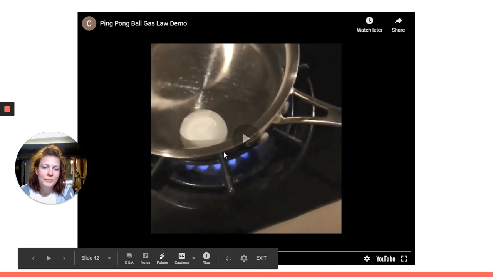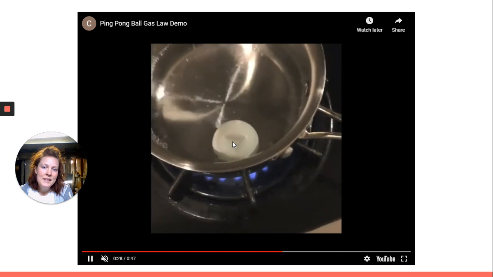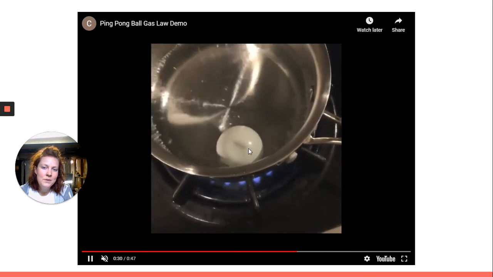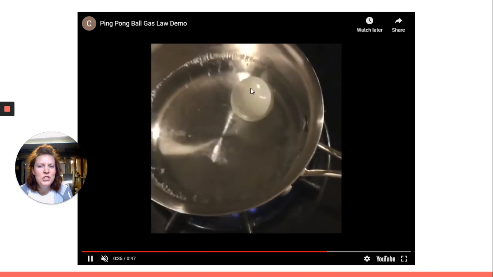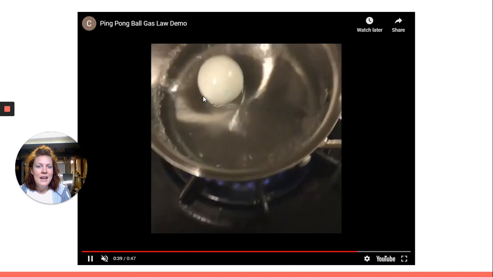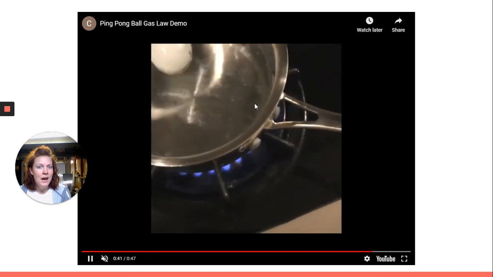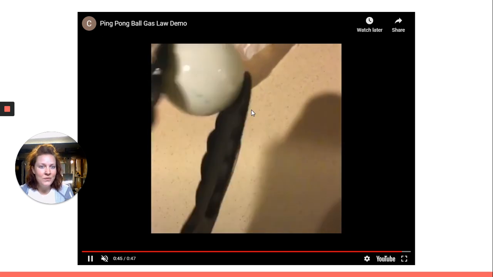It won't let me. So you can see as we heat it up, the dent is slowly coming out because those particles are hitting the inside of the ping pong ball to push the dent out and increase the volume. And that is how de-denting your ping pong ball works through the magic of gas laws.